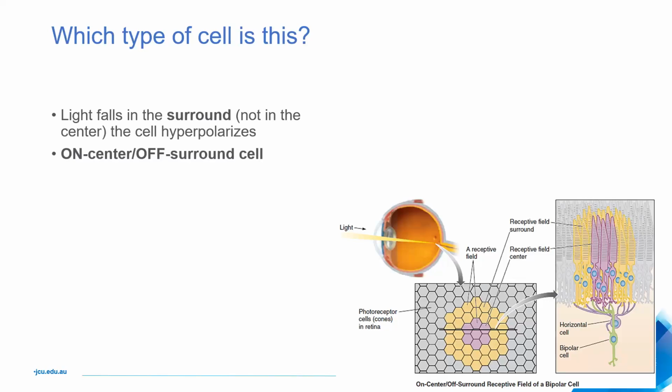When the light falls on the surrounding photoreceptors, the cell hyperpolarizes. The cell in question, the cell, singular, we're actually talking about this bipolar cell. Take note of that, because the horizontal cell is concatenating, combining all the inputs from the rods and the cones, and then sending them to one bipolar cell in this figure.